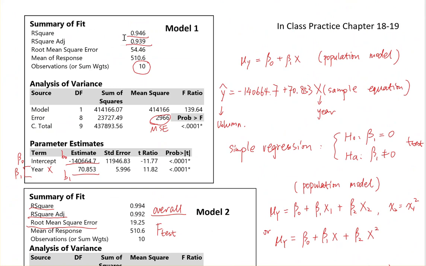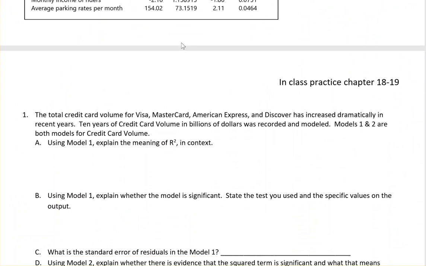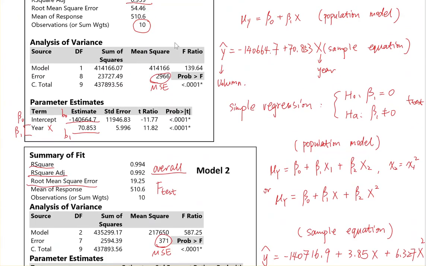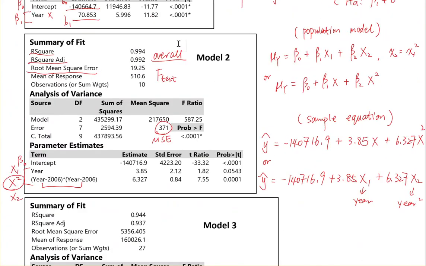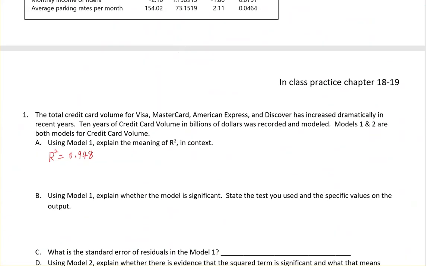R square is 0.946, right? Okay, so first I know that based on model 1, R square is 0.948, right? Kind of bad memory. 0.946. Okay.